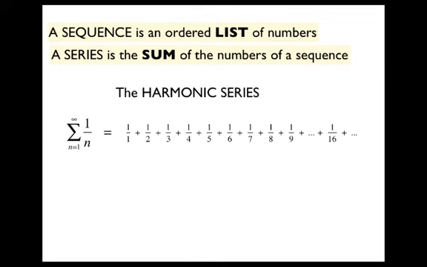What is the limit of the sequence? 0. Certainly n gets larger and larger, and so the limit of the sequence is 0. So what about the series? You think it adds up to 2?